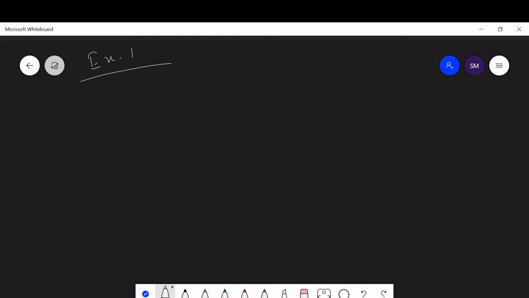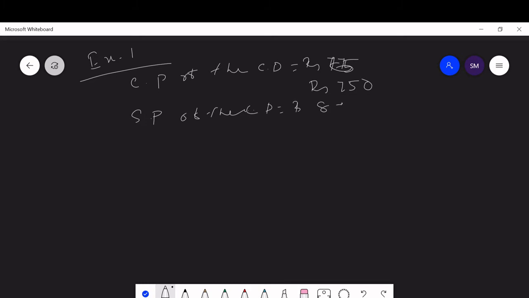Here the question is given: Mohit bought a CD for rupees 750. This means the cost price of the CD is rupees 750. The selling price of the CD is given as rupees 875.